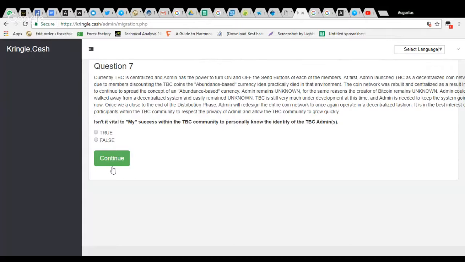The abundance-based currency idea practically died in that environment. The coin network was rebuilt and centralized as a result to continue to spread the concept of an abundance-based currency.